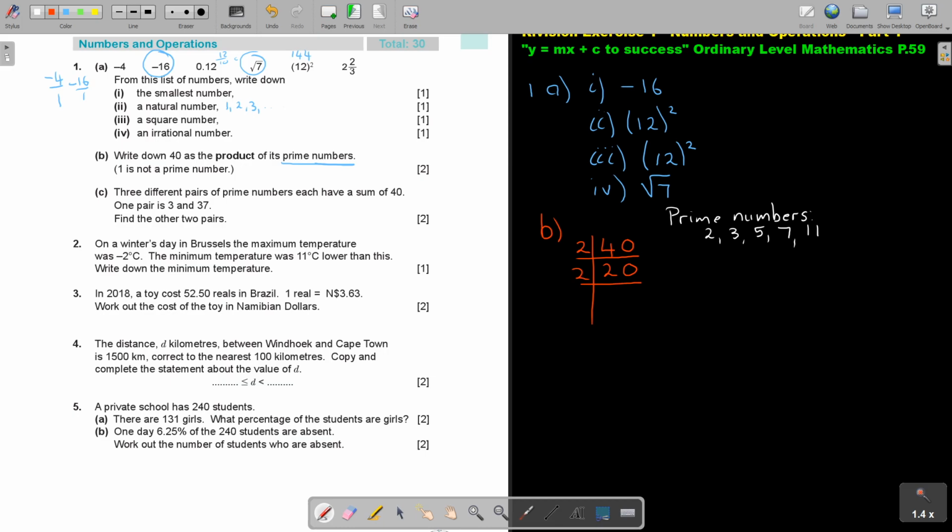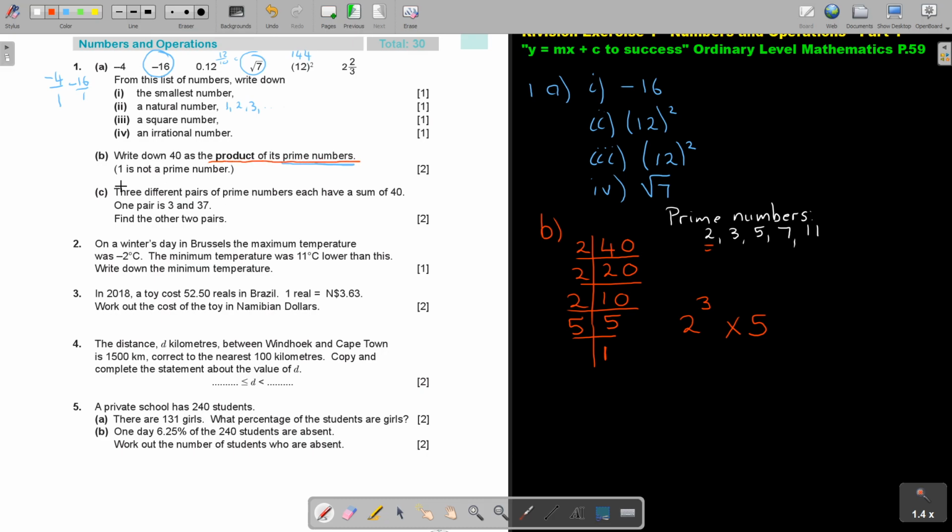And then 2 can go into 20, giving 10. Remember, I continue with 2 until 2 cannot go in equally anymore. So 3 cannot, 5 can go in. And I continue until I have 1. And then I write it out. Usually we write it as 2 to the power of 3 times 5. And there I was writing it as the product of its prime numbers.